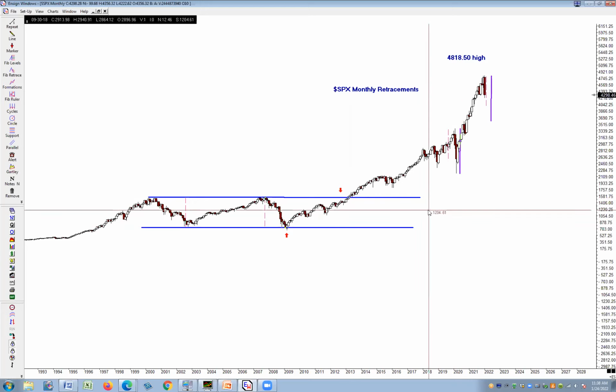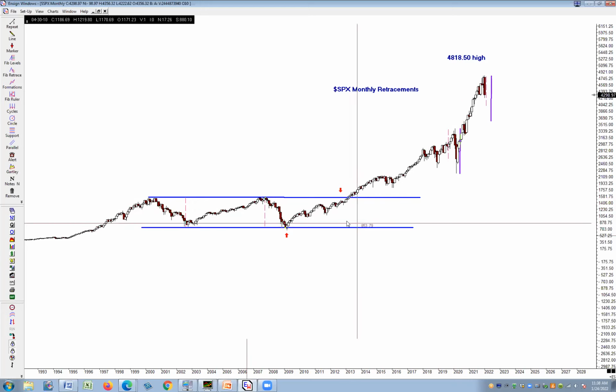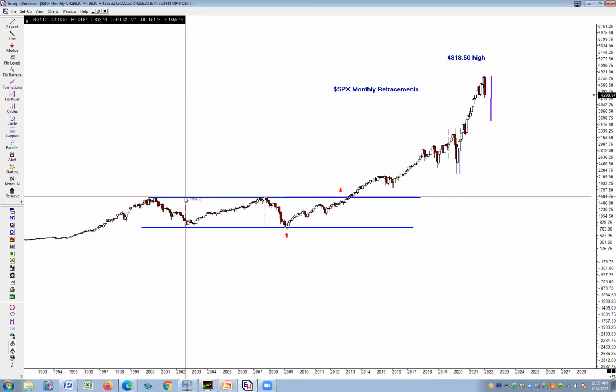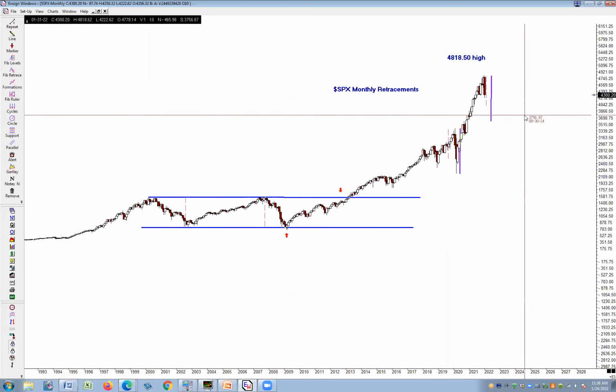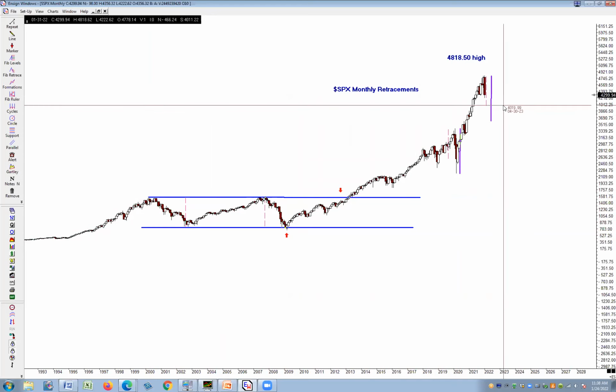That's all you need to do when you have a big coil like this. So all I did was take the height of the price decline from here, and then I cloned it and dropped it over here, and they're almost the same. Now, does that mean we get almost the same here? I don't know. But it's certainly an area that we can watch.